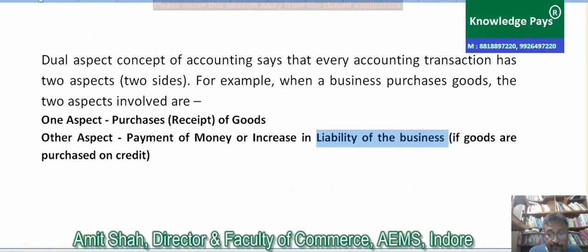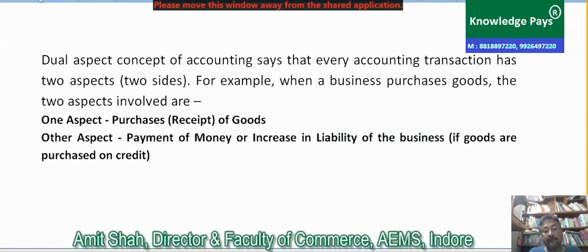And the liabilities towards whom? Towards the supplier from whom we have purchased the goods on credit. So this is how two aspects are involved. Have you got this? Yes, sir.